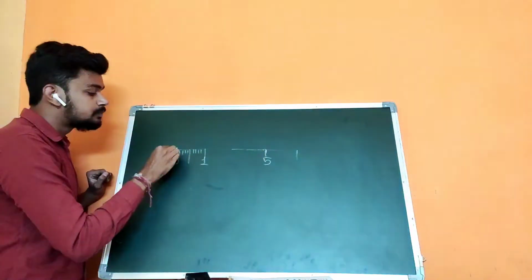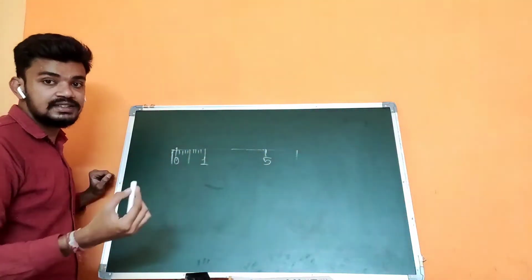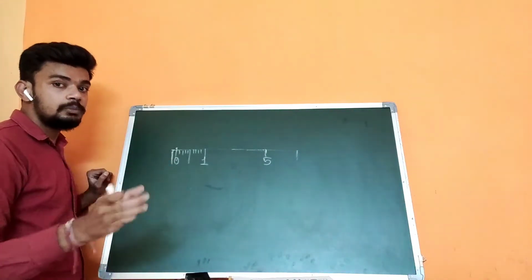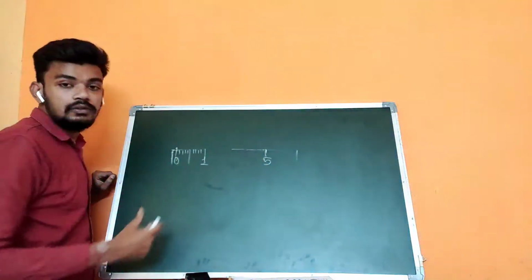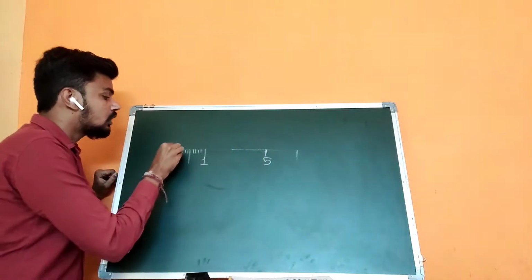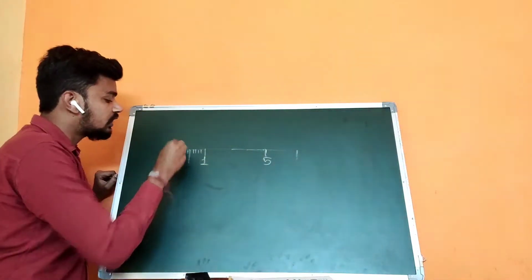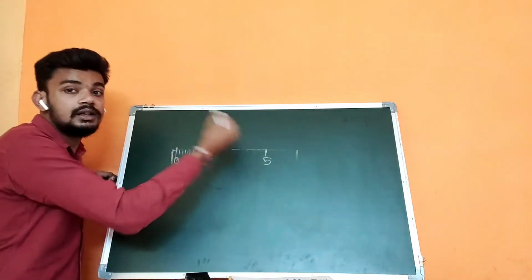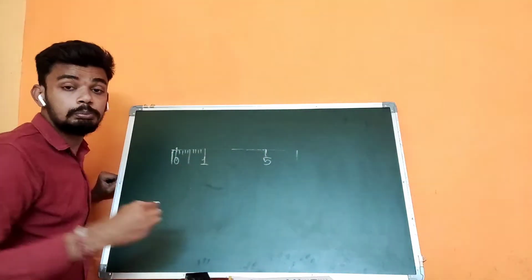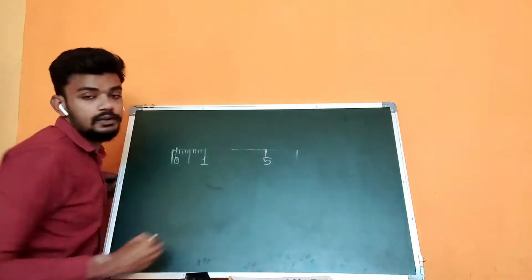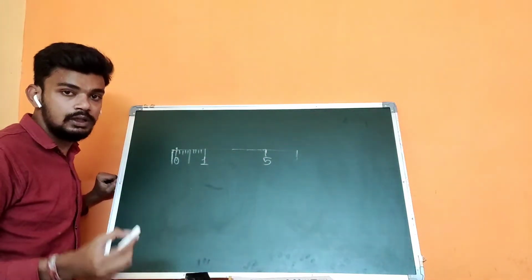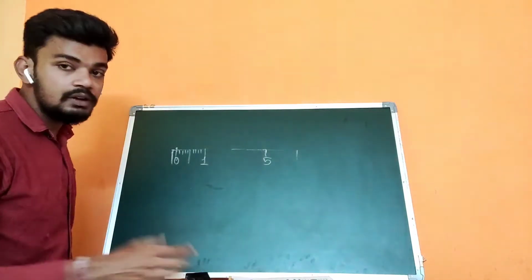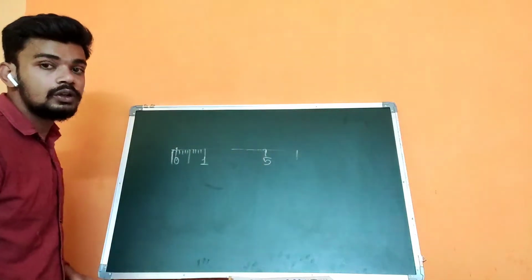You have to extend your compass so that its measurement is 5 centimeter. How can you do it? First you put the pointer of the compass on the 0 and the pencil point on the 5. Understood? Okay, now we have a measurement of 5 centimeter on the compass.